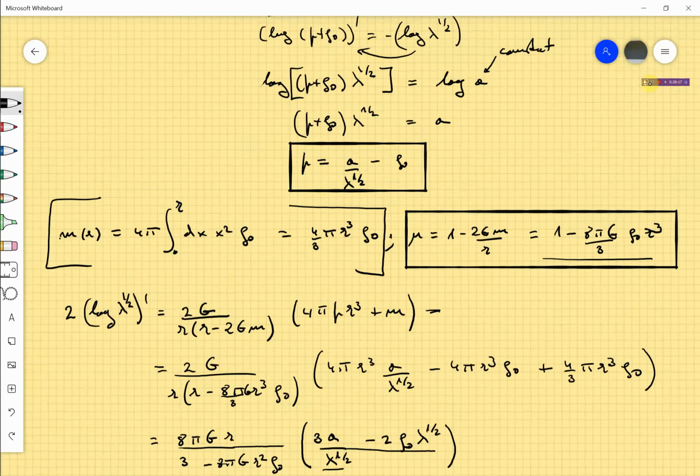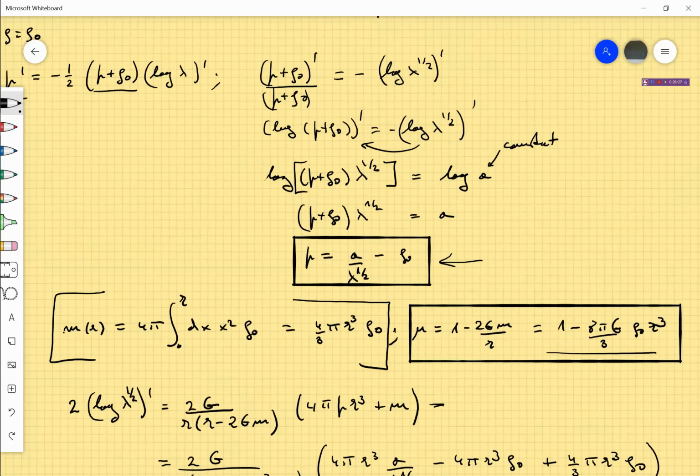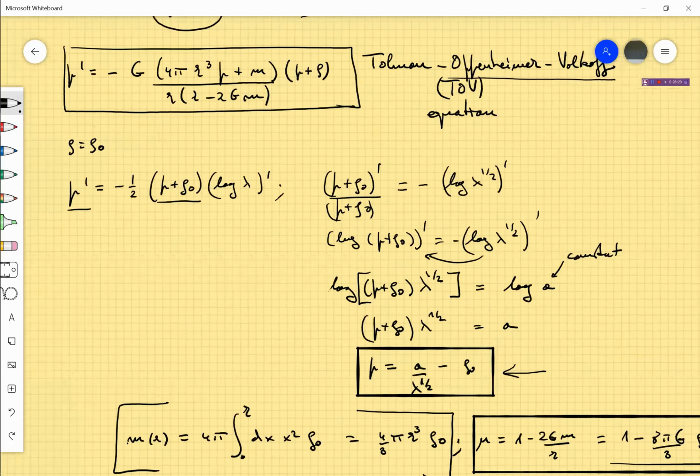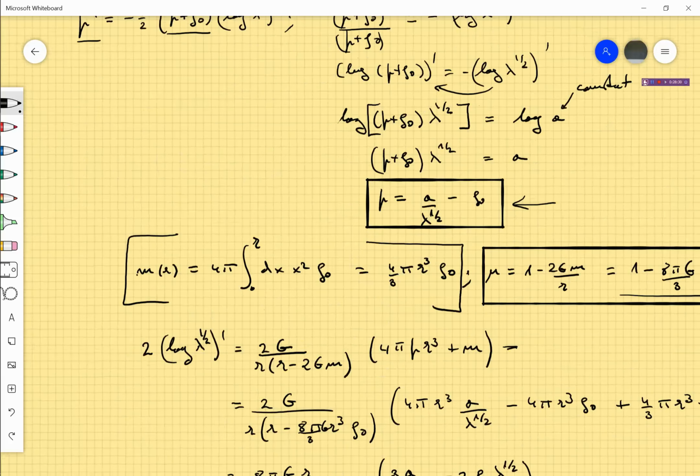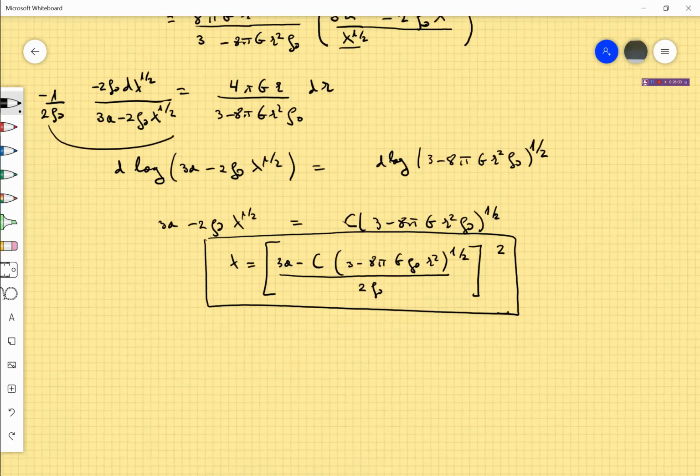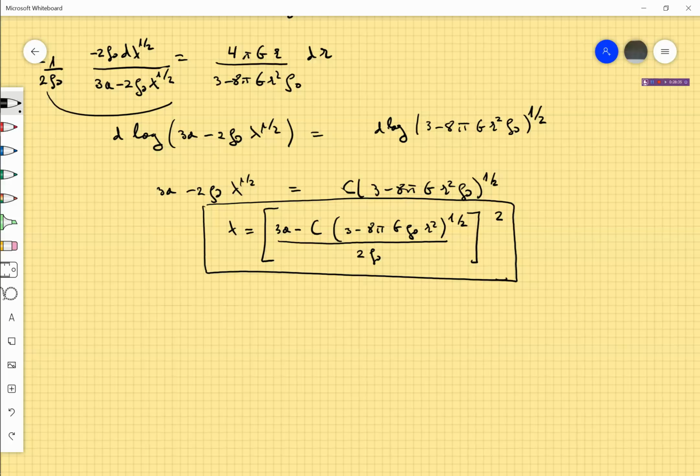P is given by this expression. We can just replace the value of lambda and we recover P, and probably we'll have to do this explicitly at the moment. And okay, I think we have everything. So we have solved the Einstein equations, and now we have to start interpreting the result.